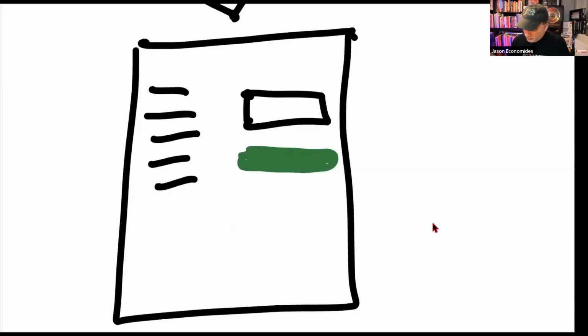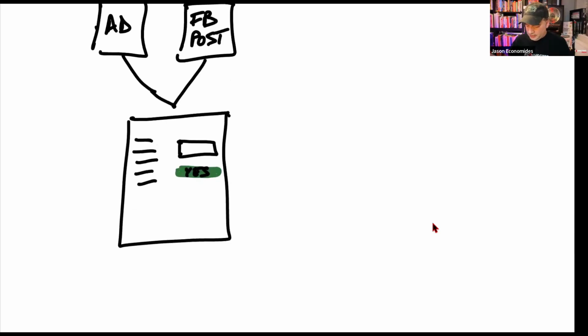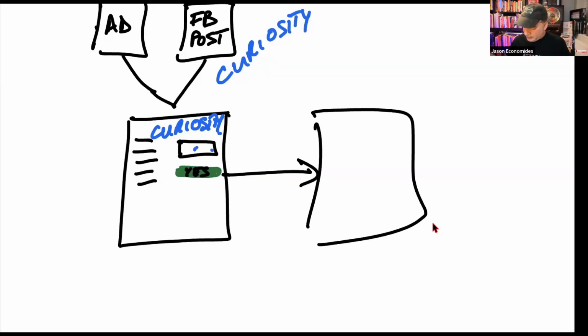The idea is that it's all curiosity driven, and there's still curiosity on the page. They enter their details, and they're going to eventually go to a confirmation page, where we can have different things.